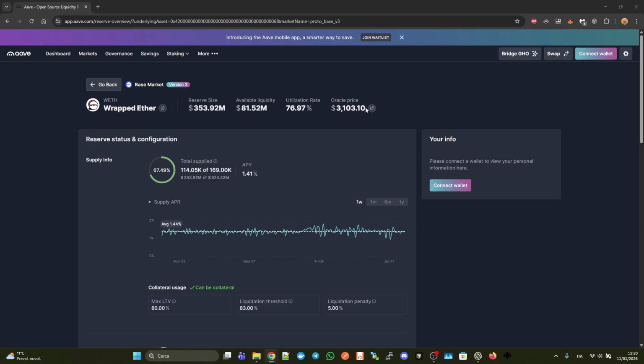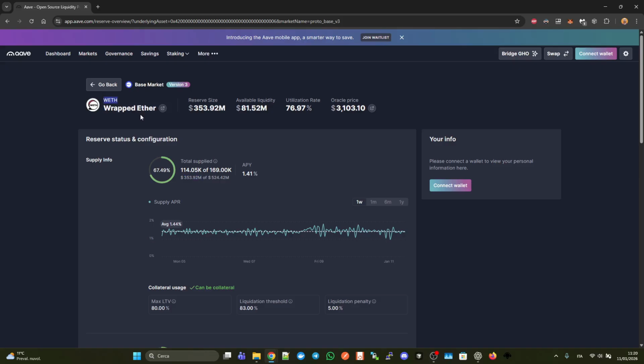The current price of Ethereum is, for example, $3,000. As you can see here, the reserve size is identical to the total amount of tokens supplied. So this is basically the amount of Ethereum that has been lent, that has been deposited in the protocol.